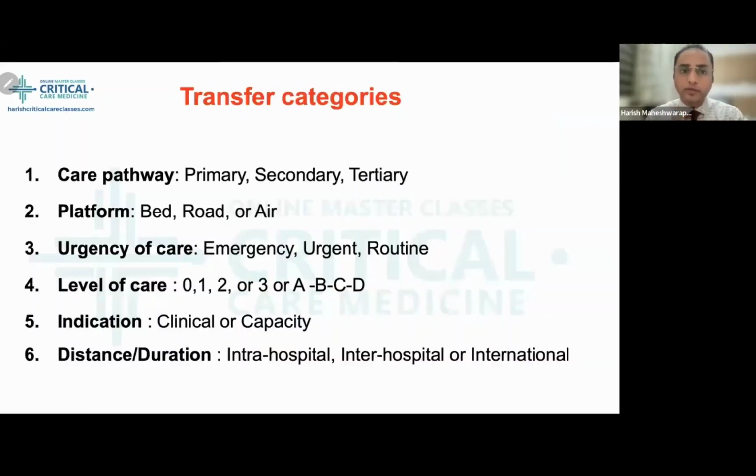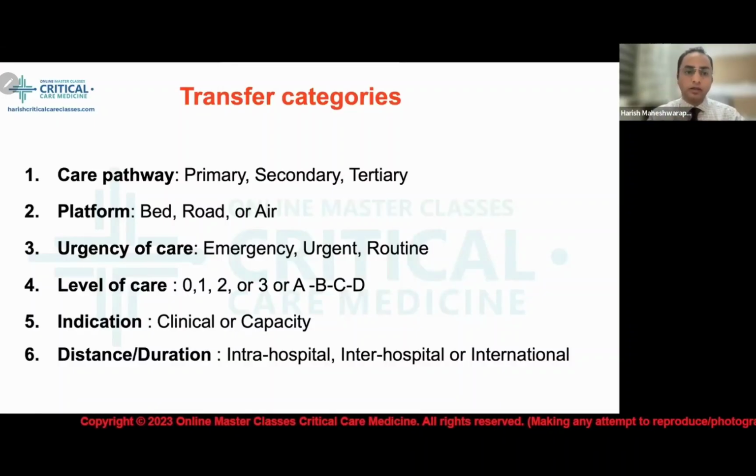When it comes to transfer categories, we have something called the care pathway, meaning where we want to transfer: a primary, secondary, tertiary, or quaternary setup, maybe an intensive care unit. Then there is the mode of transfer, whether bed transfer, road transfer, or air transfer.